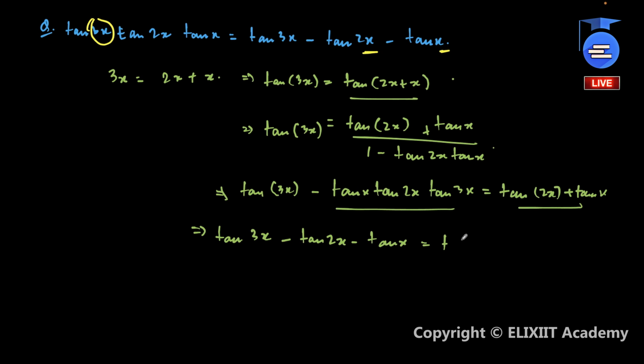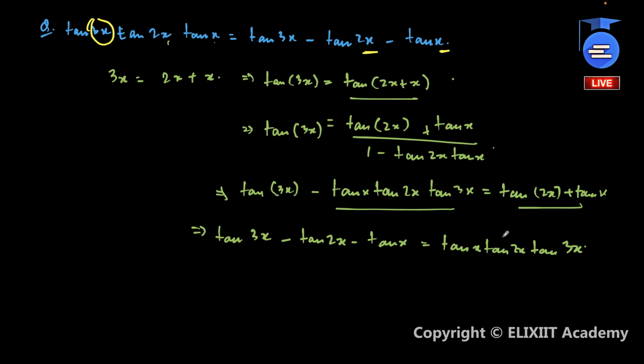And on the right hand side we are left with tan x, tan 2x into tan 3x. And this is what we need to prove: tan 3x, tan 2x, tan x is equal to tan 3x minus tan 2x minus tan x. Okay, pretty simple.